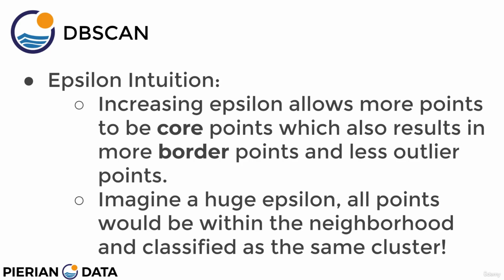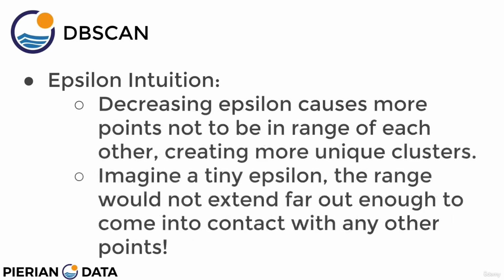Then with a huge epsilon, that means you have a lot of points that are within range or within the neighborhood, which essentially means that eventually as epsilon grows larger and larger, you're going to begin classifying everything together into the same cluster, since they're all within the same neighborhood because you gave such a large range for epsilon. That would be increasing that expanding circle from that point you're considering for core, border, or outlier.